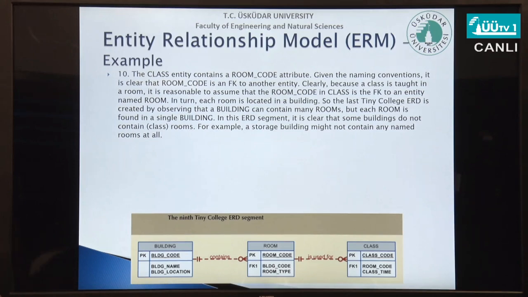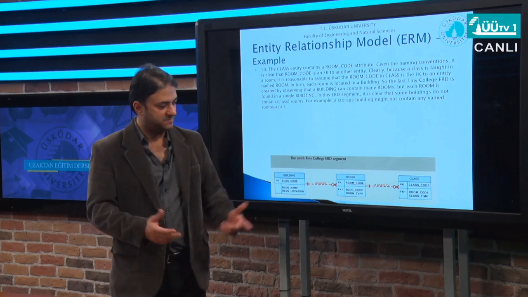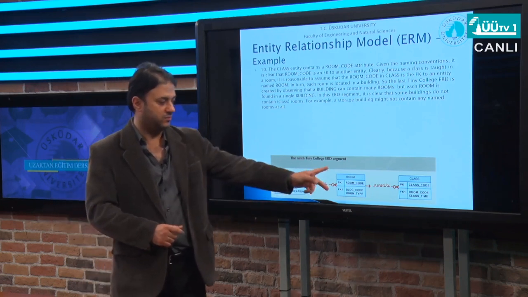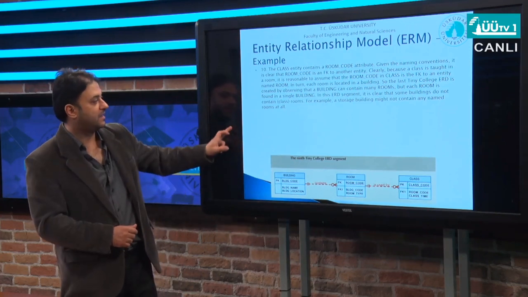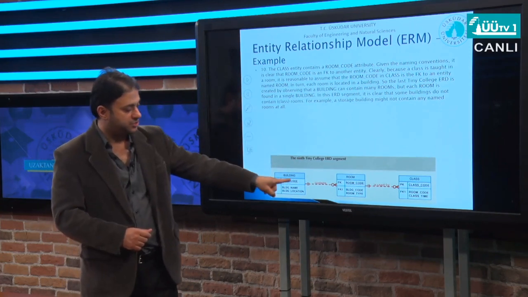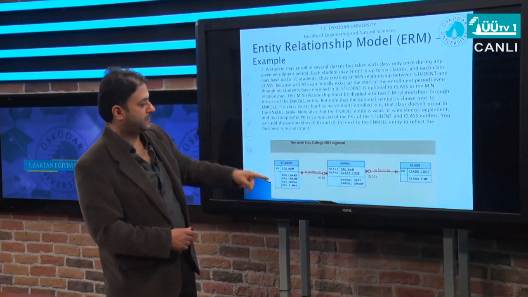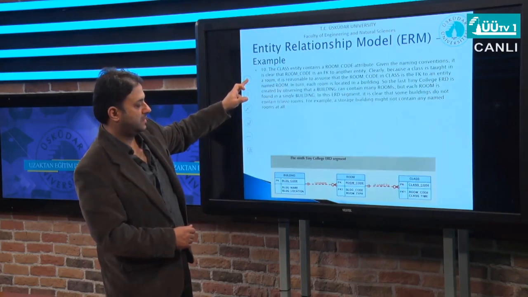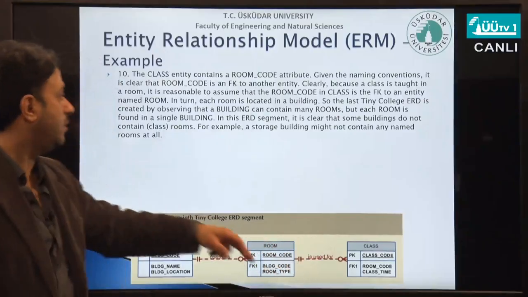There are no students in this studio. So this is still a room, but we cannot consider it as a class. Again, the relationship here is weak. The relationship there also is weak, and this is 1-to-many optional, 1-to-many optional.